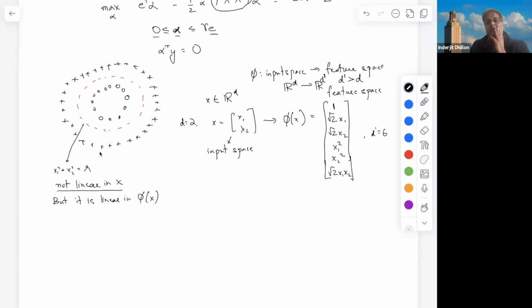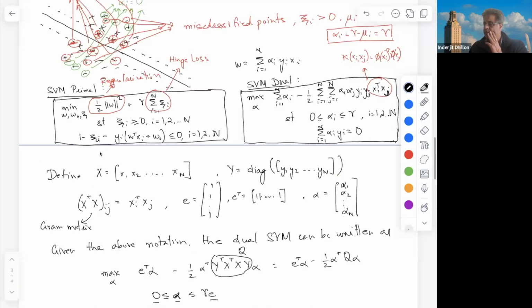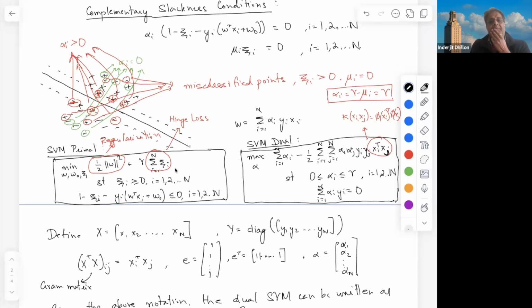So in principle, what you could do is, you have this problem, right? You can either solve these problems in input space, but you'll only get a linear classifier in the input space, a linear decision boundary in the input space.